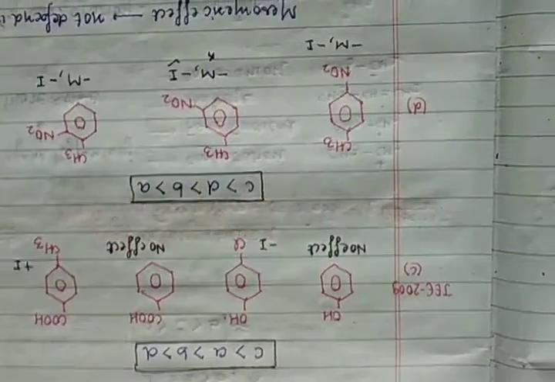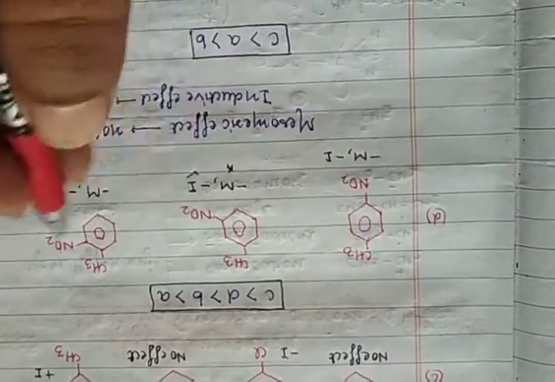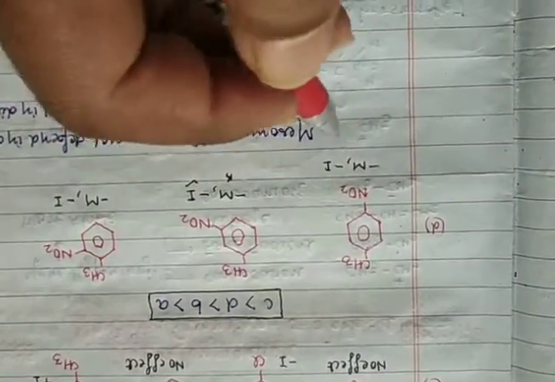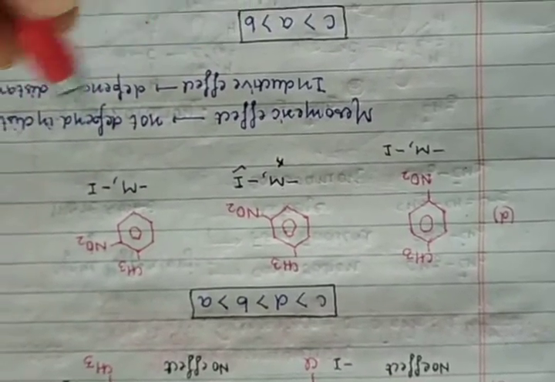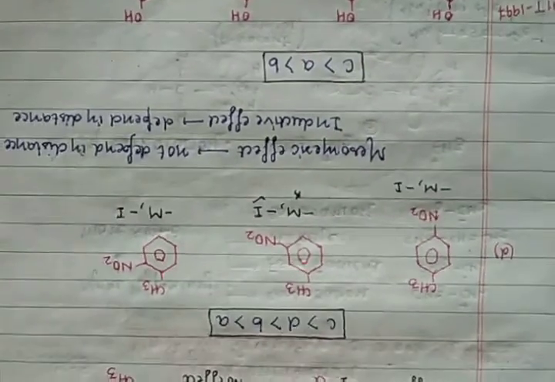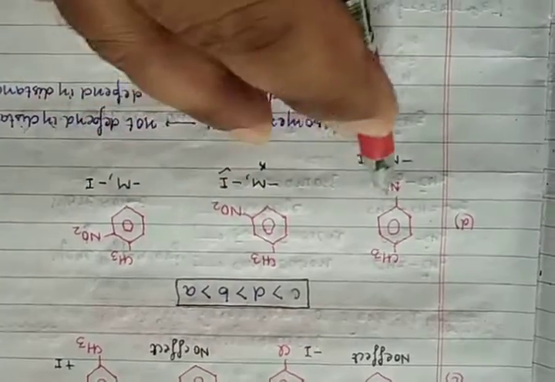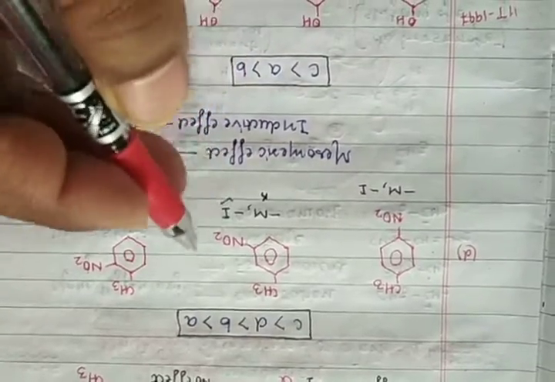Same for this. In this case there is the same group. You know very well that at meta positions there is no effect. Just check the ortho position first, then meta, then para. In this case, at the meta position there is no reactivity of resonance.